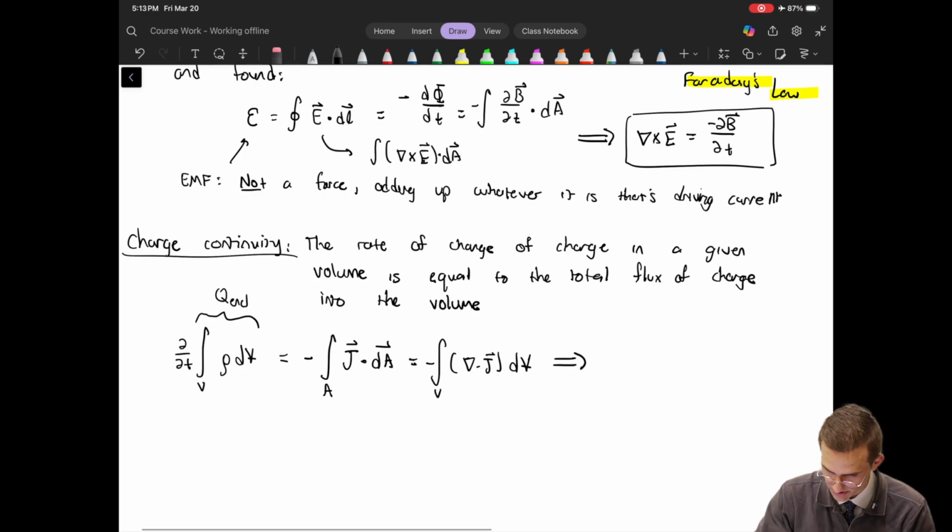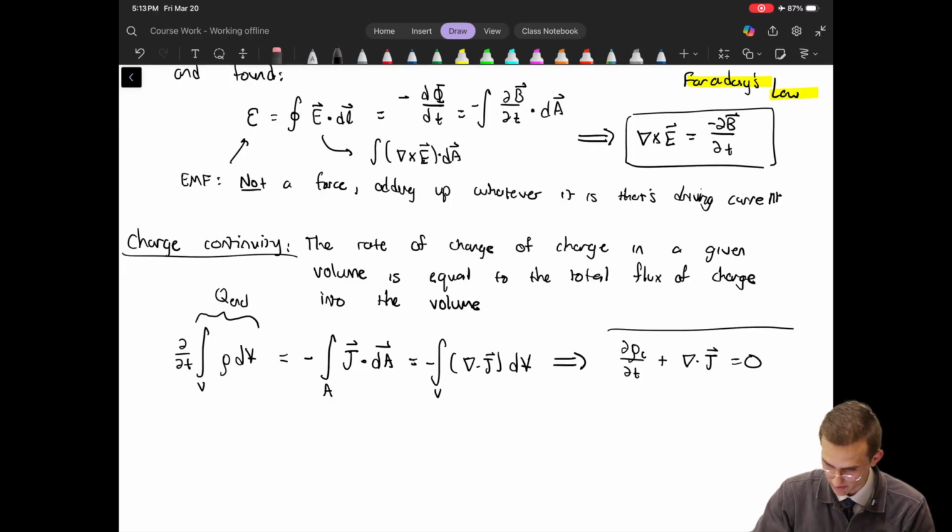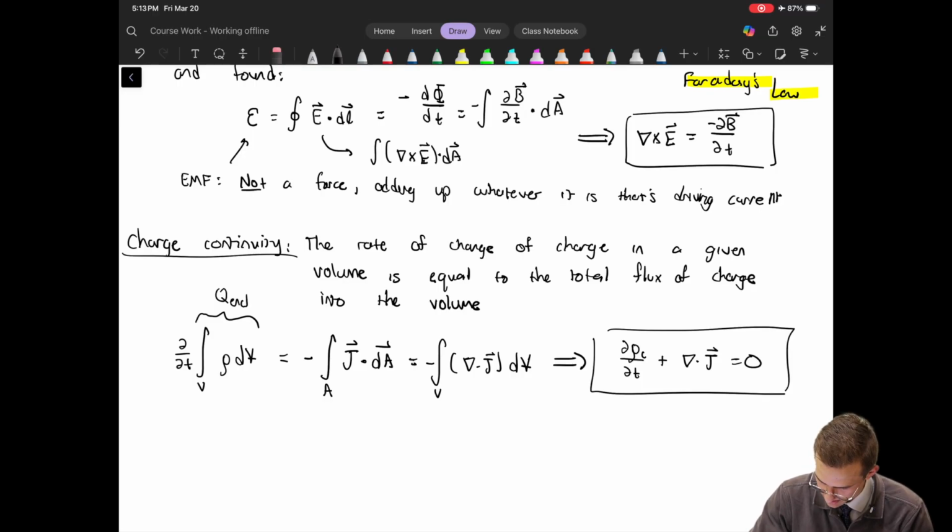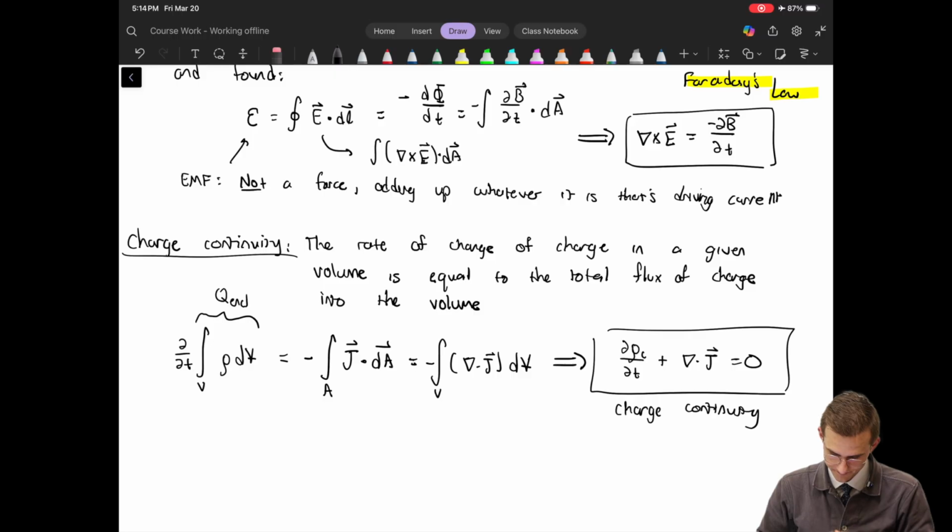And so we end up with this charge continuity equation, which is d rho c dt is equal to, or rather even just plus, the divergence of J is equal to 0. That's an important equation. Charge continuity. So again, very simple argument there.